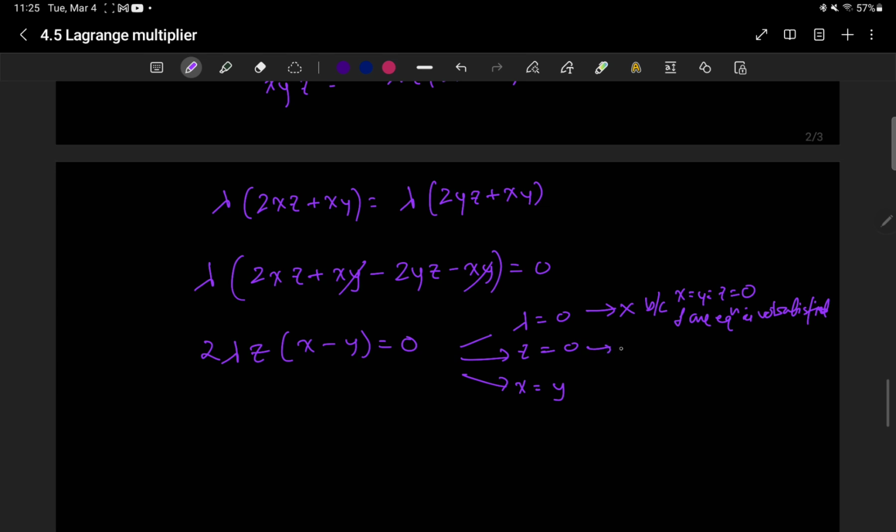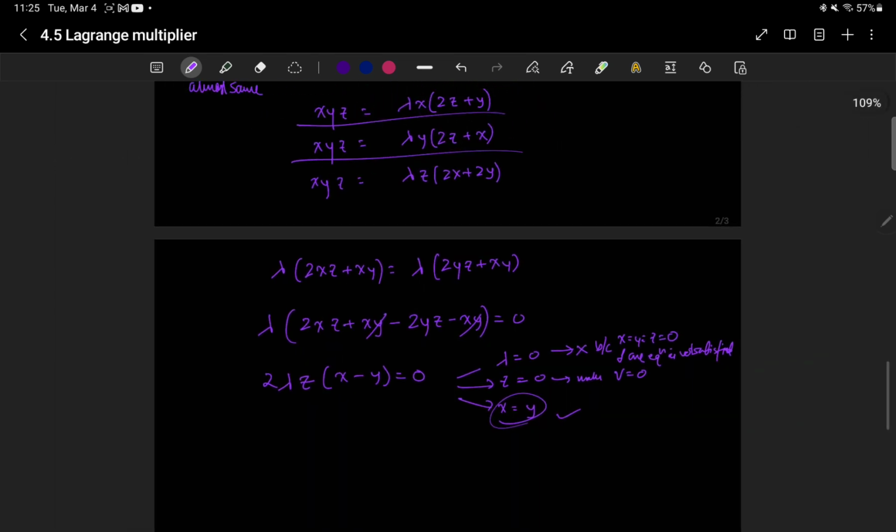Now z cannot be 0 because that makes the volume equal to 0. So that is also ignored, which leaves us with x equals y. So that's one of the relations we have.